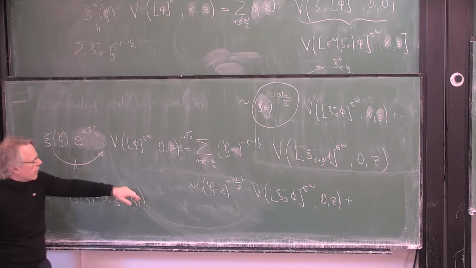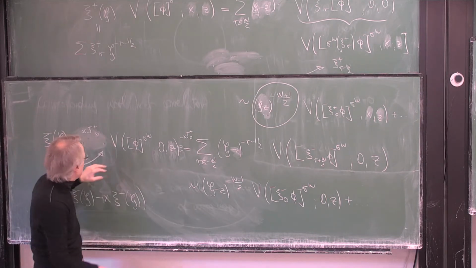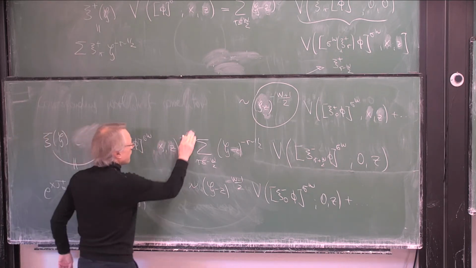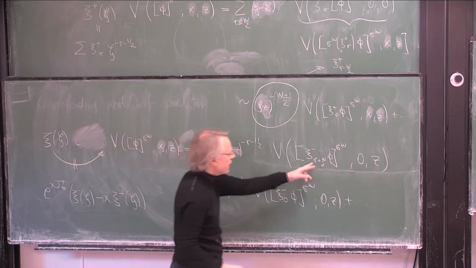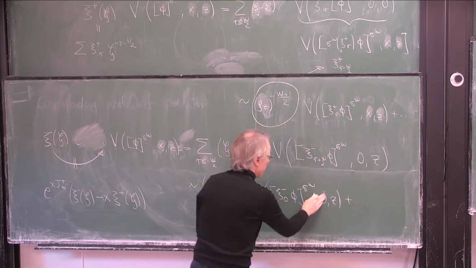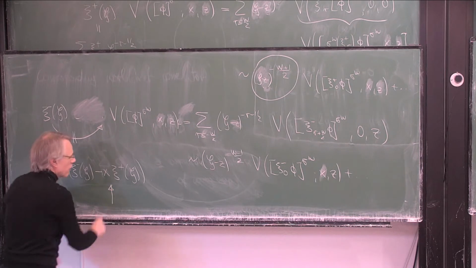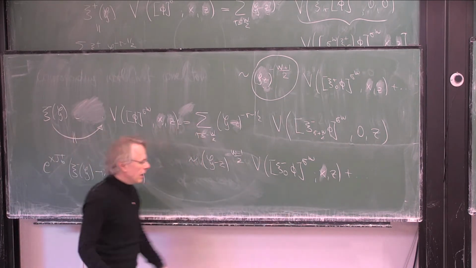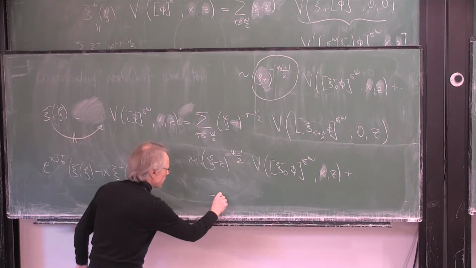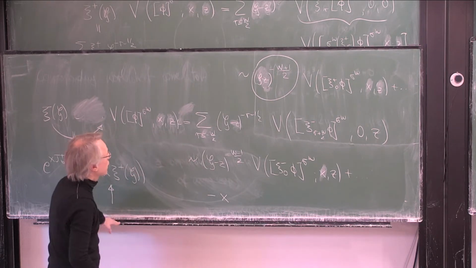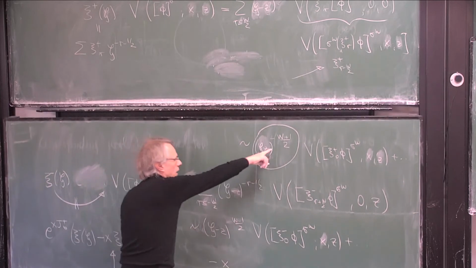So if I evaluate this at x, this isn't the only term, because I get this correction term. This is the term that comes from the psi minus, but in addition I get a term that goes like minus x times psi plus, and the OPE of psi plus goes as such.